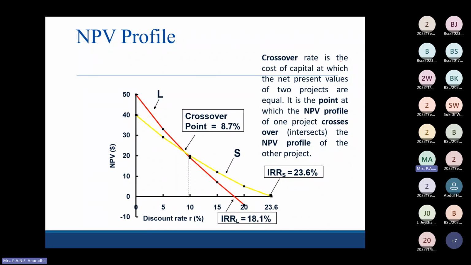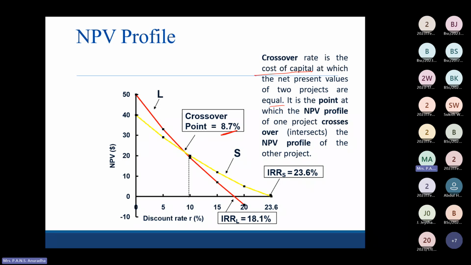So the crossover rate is the cost of capital at which the net present values of two projects are equal, or the point at which the NPV profile of one project crosses over or intersects the NPV profile of the other project. In this presentation it's not shown correctly, but if you draw it in Excel, you will get the crossover rate of 8.7%.